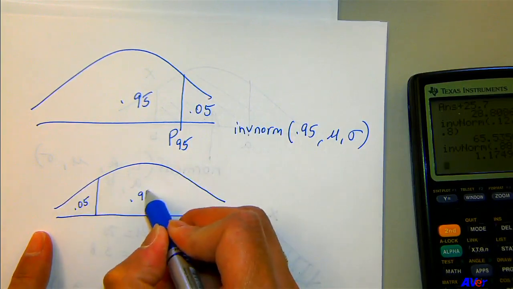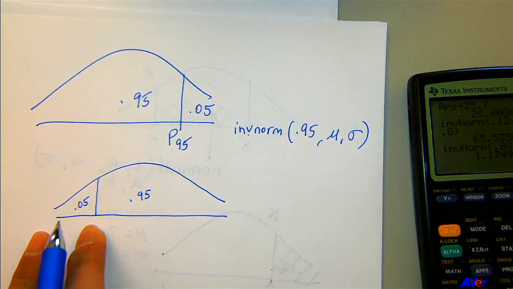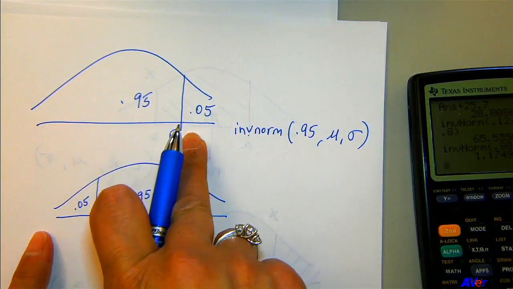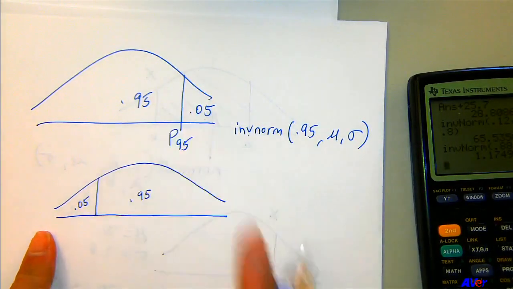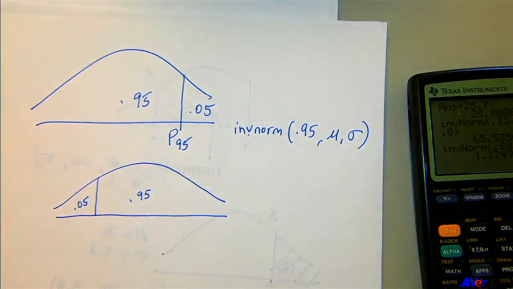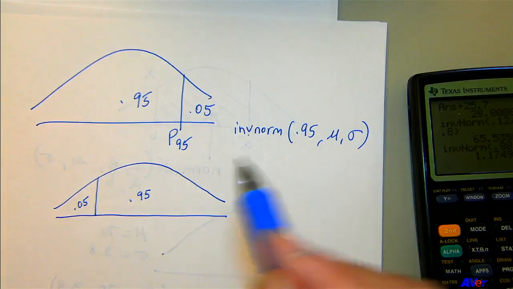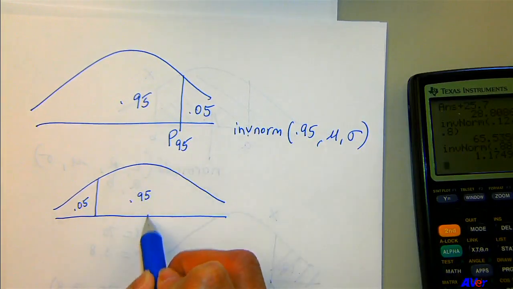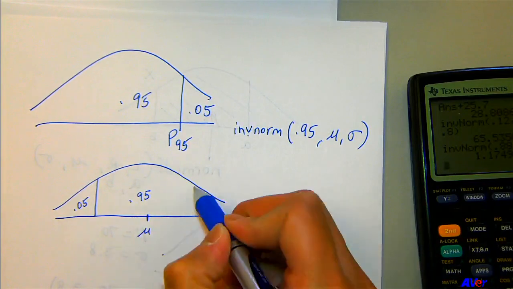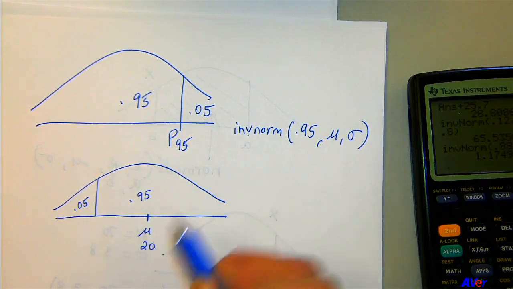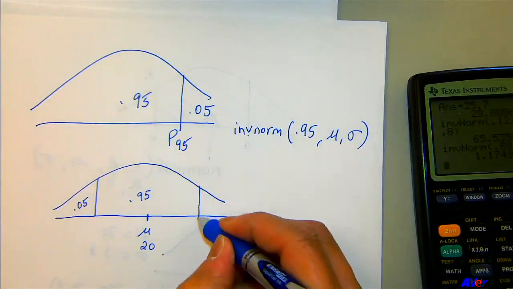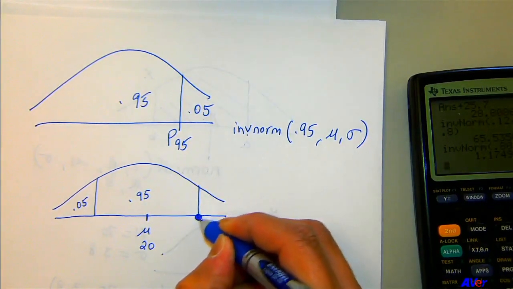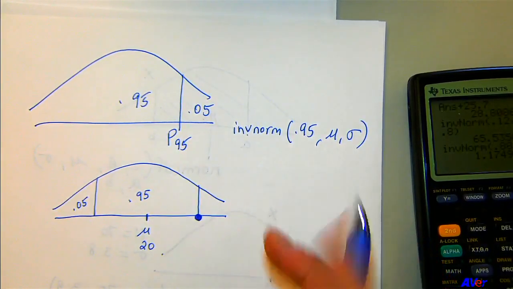Are you saying that this will be the negative of this value? It won't. It will be the negative in terms of z, but when you convert it in terms of x, you can't just negate it, because the mean here will be some strange mean. Let's say the mean is 20, and you have some value right here for the 95th percentile.